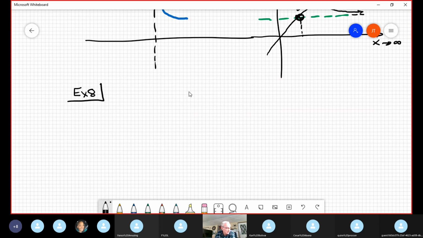I want to investigate that function in detail: 8x squared plus 9x minus 5, divided by 2x squared plus 1.